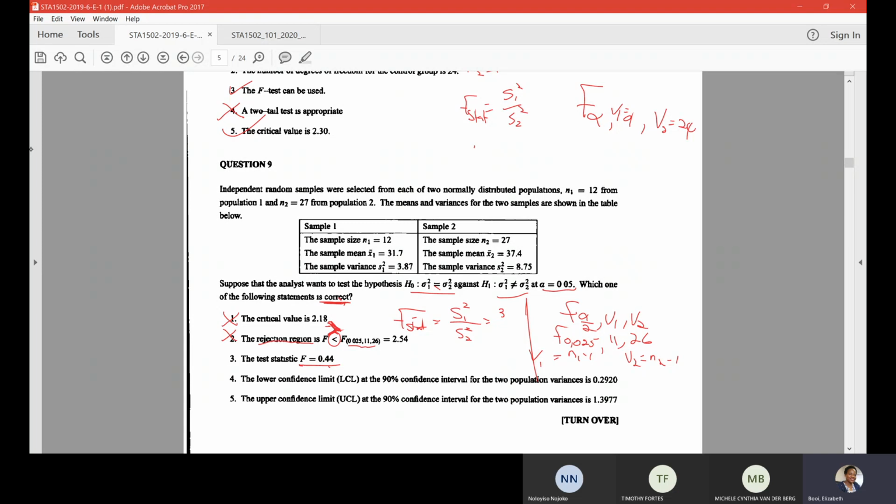Remember, if they didn't give you the sample variance, they would have given you the standard deviation, and then you will take the square of those answers. 3.87 divided by 8.75 equals 0.44, and that should be the correct answer. Number 3 should be the correct answer.